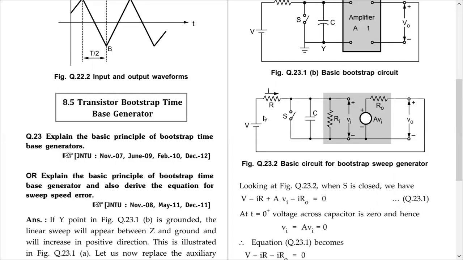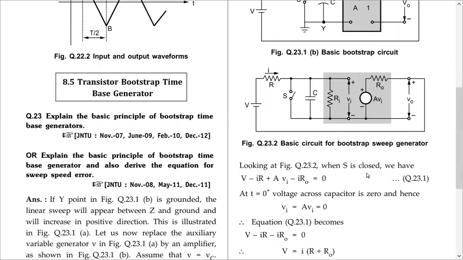So what we are doing, we are simply writing KVL to this loop: V, R, AV VI and R naught, okay. 4 components, 4 terms. So this is when we just close the switch.